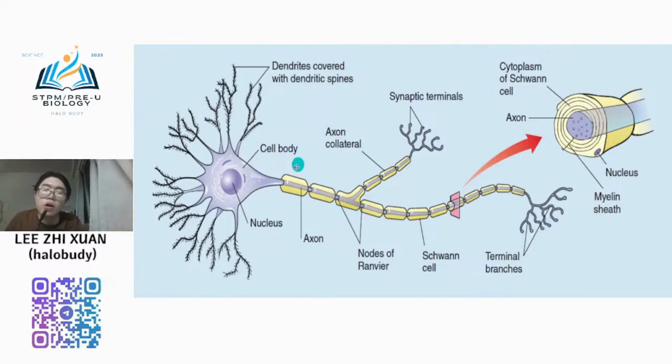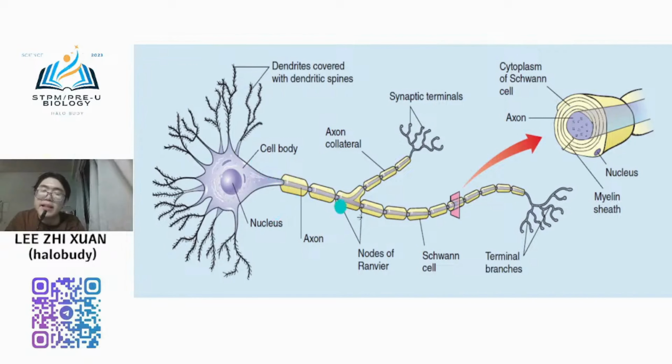Okay, not only that, you will see that along the axon there are cells we call Schwann cells, or another name, myelinated neuron tissue.